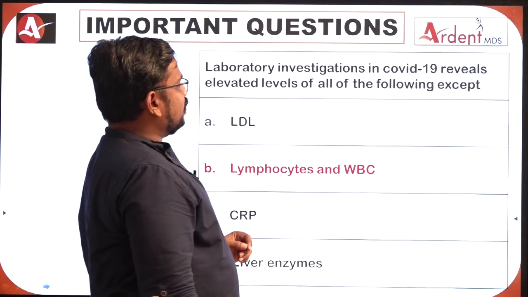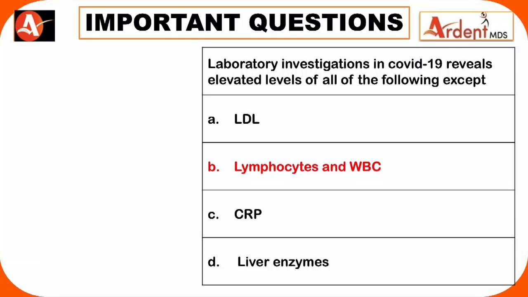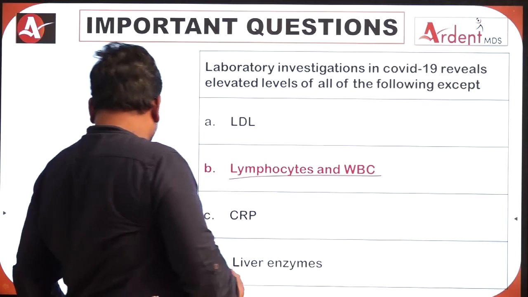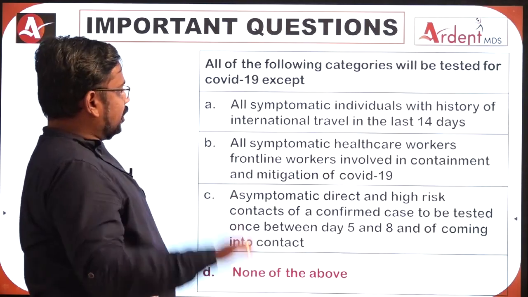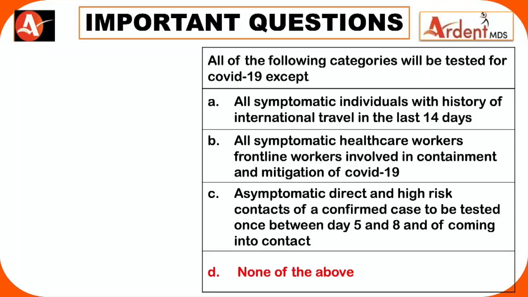Right. Coming to the laboratory investigation in COVID-19: elevated levels of all the following are seen except lymphocytes. Usually we studied that lymphocytes are decreased. All the following categories will be tested for COVID-19 except: all symptomatic individuals, the patient who had a history of international travel in the last 14 days, yes, the patient should go for a COVID test.